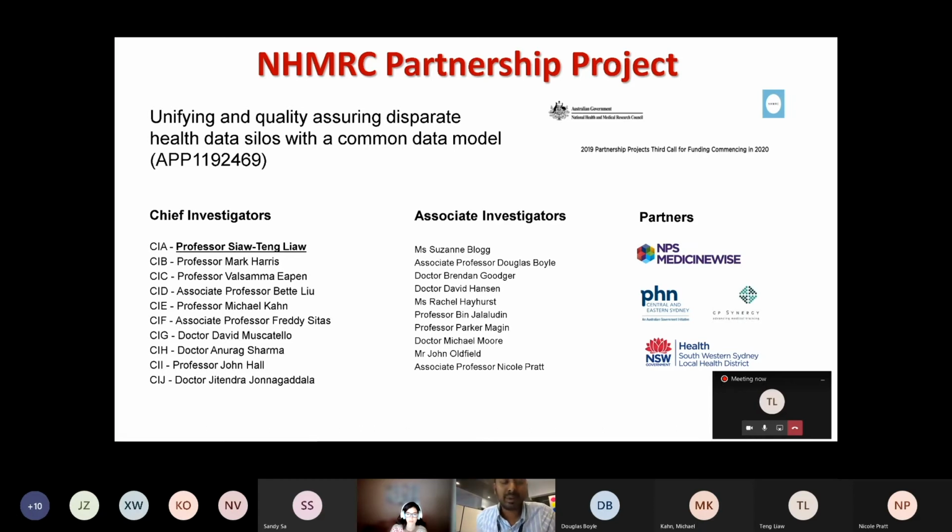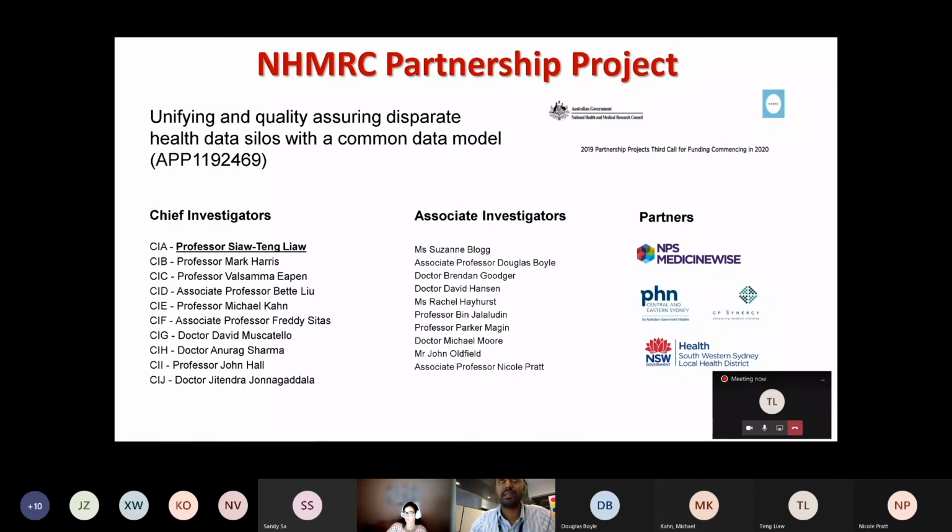We've got quite a long list of investigators. We can see some familiar names who are very active in the OHDSI community, including Dagi, Nicole, myself, and also Teng. This project has a really good number of partners, but is essentially very focused on primary care. NPS Medicine Insight and NPS Medicine Wise are programs run by the National Prescribing Service.